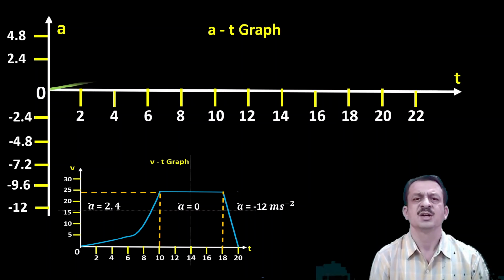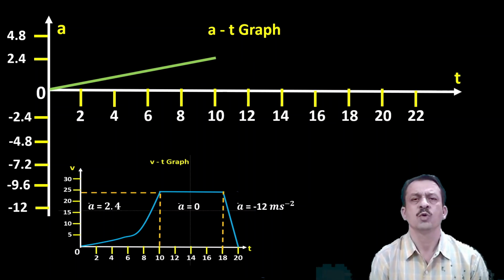Now that green line, what we are drawing in the green line, it is 2.4, starts from 0 at the origin, and it is moving with a constant acceleration, that is 2.4 meter per second square, and reaches the time t is equal to 10 second. Now after 10 second, what happens?